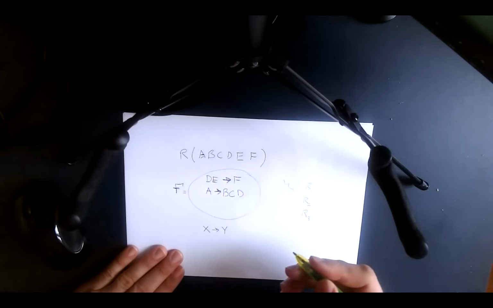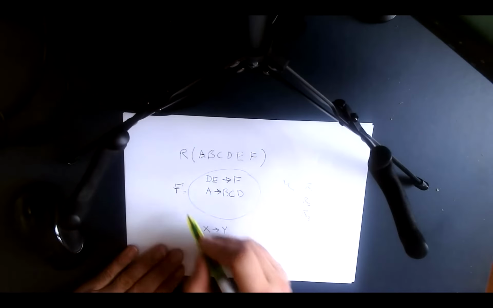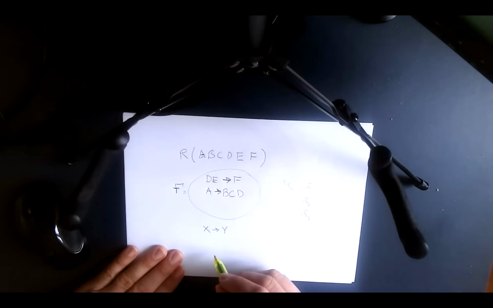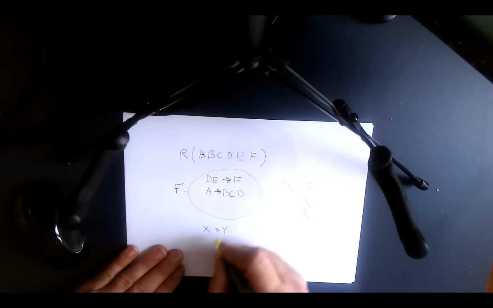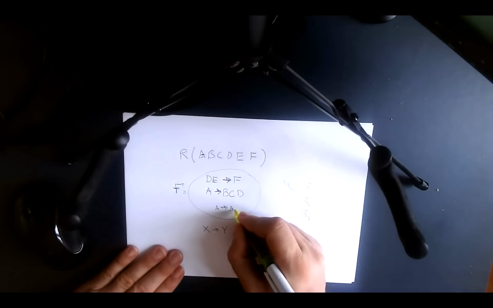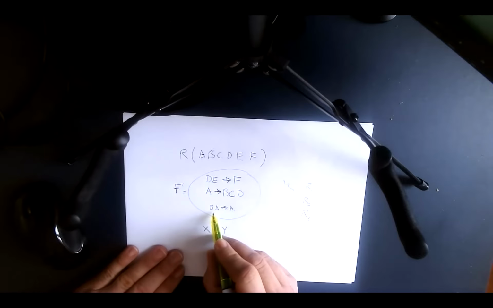Now, we have our set of functional dependencies here, and included always within this set are all the trivial ones. Let's give an example of a trivial one. An example of a trivial one is A determines A, or BA determines A, right? So that's trivial.